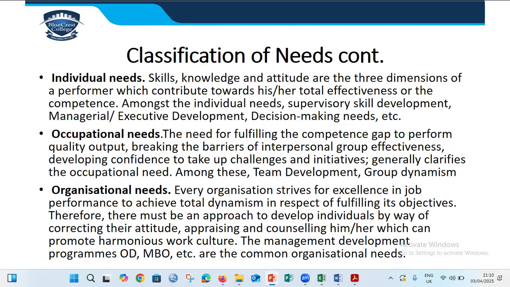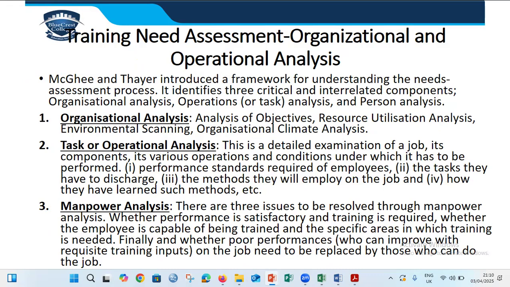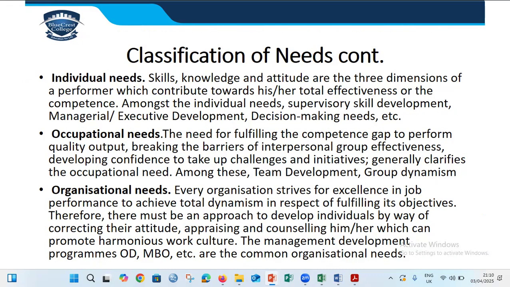Okay, so also under the classification of needs, you can have individual needs, occupational needs, and then organizational needs, right? For the individual needs, you look at the skills, knowledge, and attitudes of the people, okay?